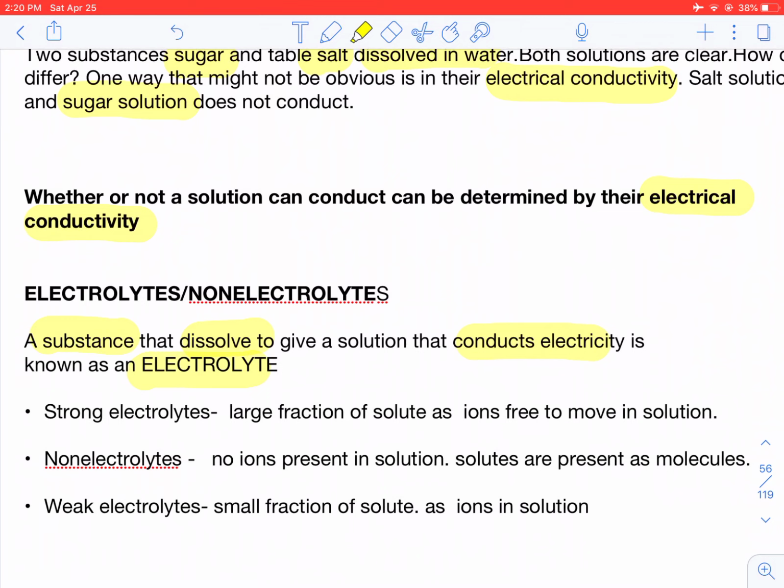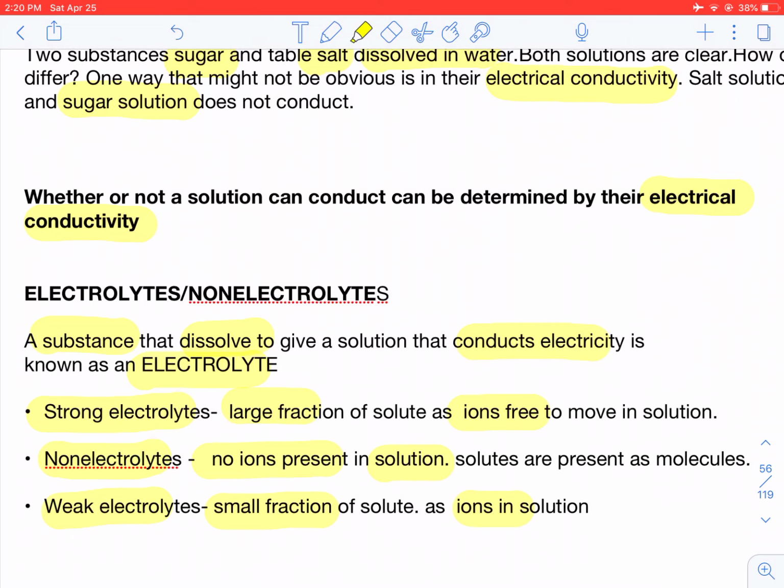Those that cannot conduct electricity in solution are referred to as non-electrolytes. A strong electrolyte has a large fraction of ions that can move about in solution. Non-electrolytes have no ions present in solution. And weak electrolytes have only a small fraction of ions in solution.